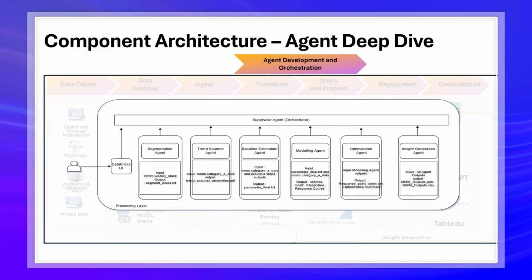Once we trigger it, the supervisor agent takes care of everything: segmentation, trend scanning, estimation, modeling, optimizing, and insight generation. For each of these there are certain input parameters and certain outputs, and at the end of the workflow we achieve our end goal.